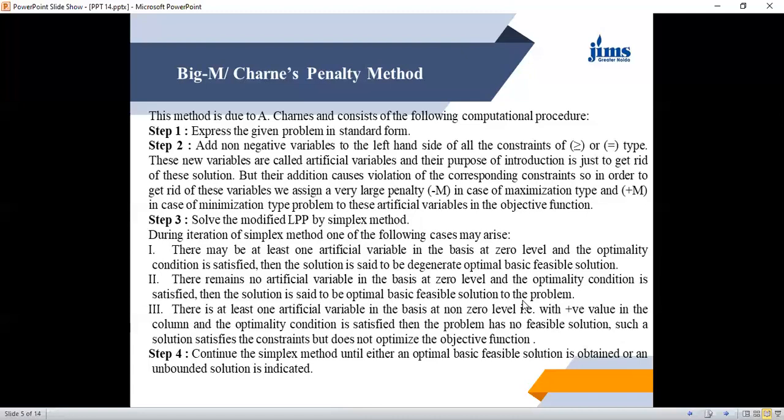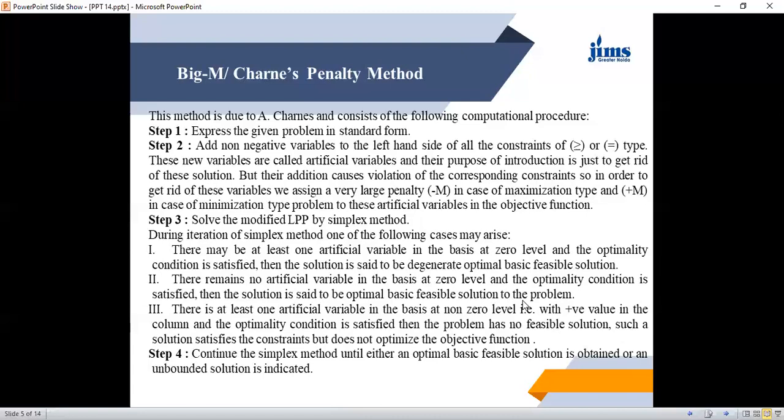So there are methods and ways to remove degeneracy. But there could be another case where there is no artificial variable available in the basis at 0 level, and the optimality condition is satisfied. Then it means that you have arrived at a stage where you can get the optimal solution of the given problem.